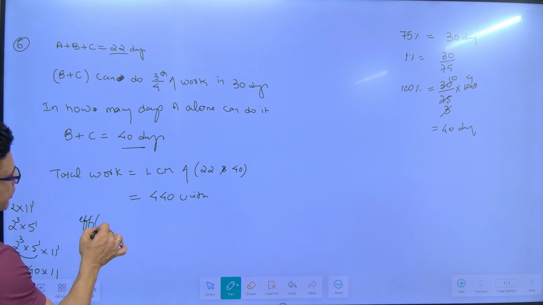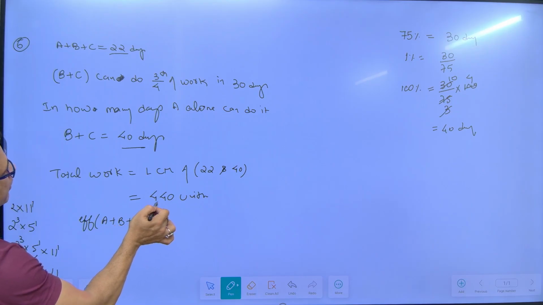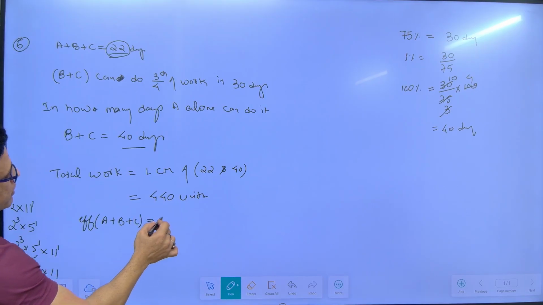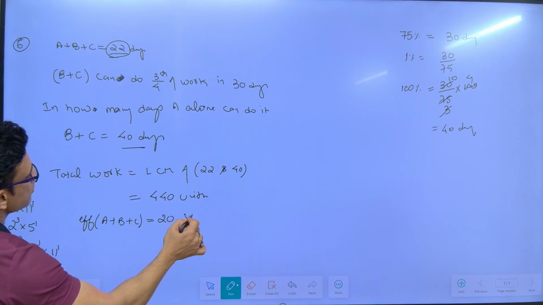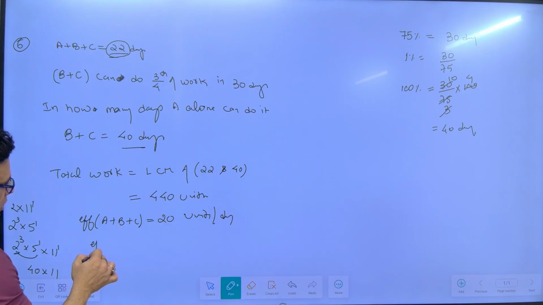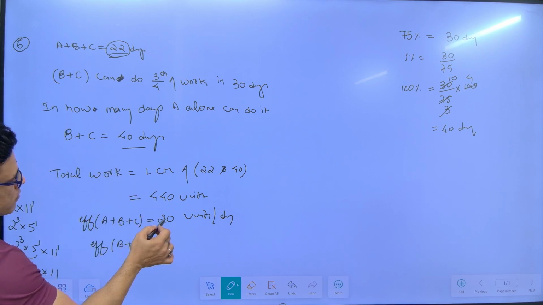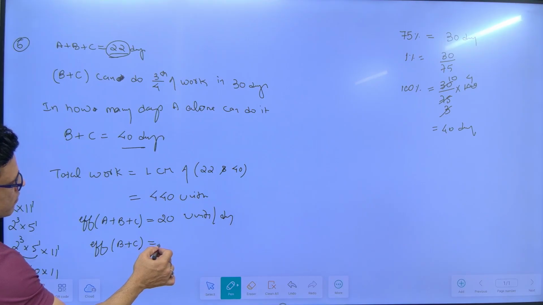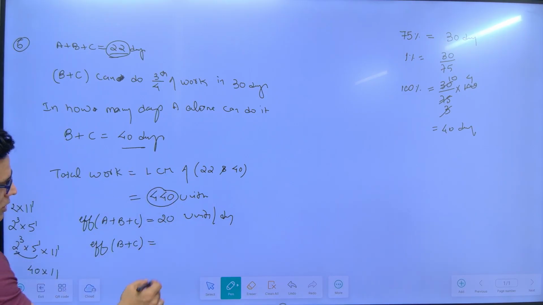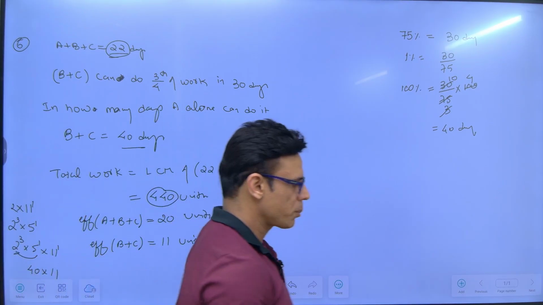What is the combined efficiency of A plus B plus C? A plus B plus C can do 440 in 22 days. 440 divided by 22 is 20 units. And what is the efficiency of B plus C? 440 divided by 40, zero zero cancel, is 11.